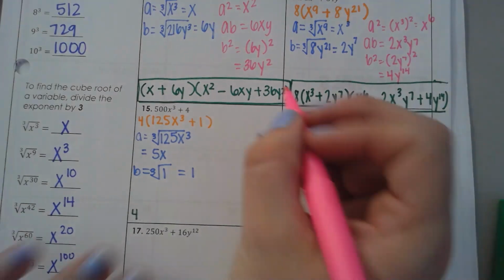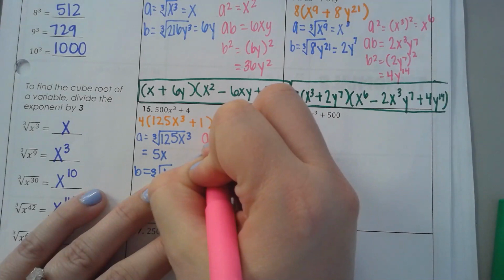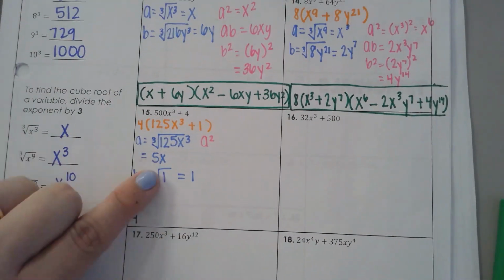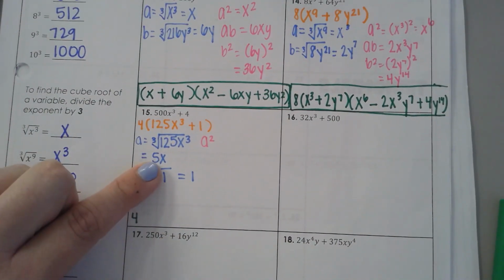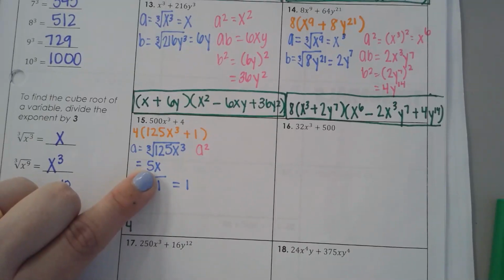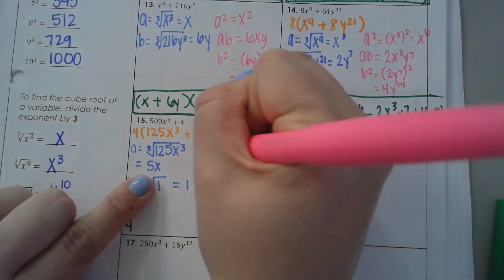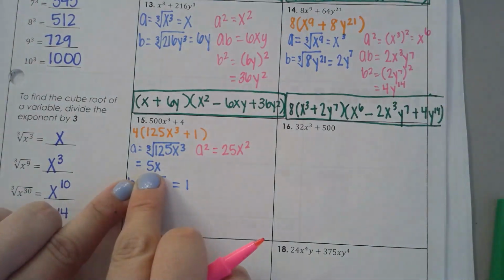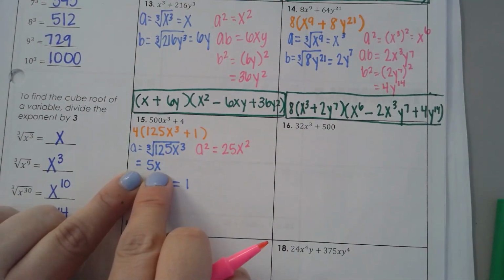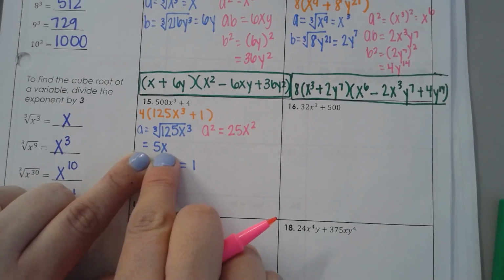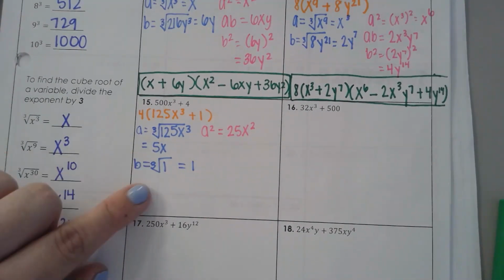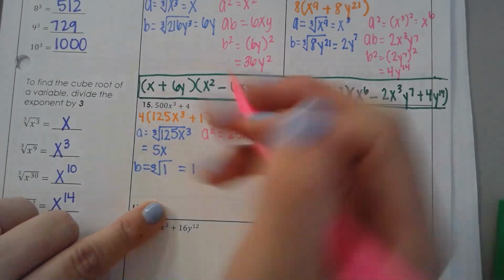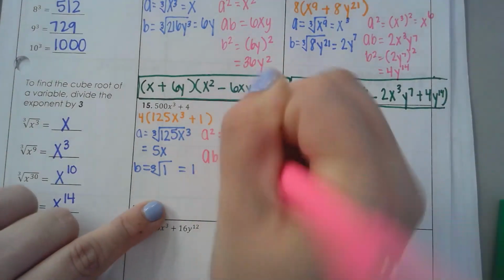And then we need to find a squared. So what if I do 5x squared? X to the second? Yep. You do 5 squared and you do x squared. AB, multiply those two.